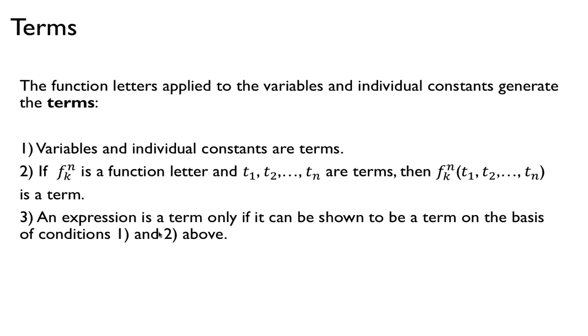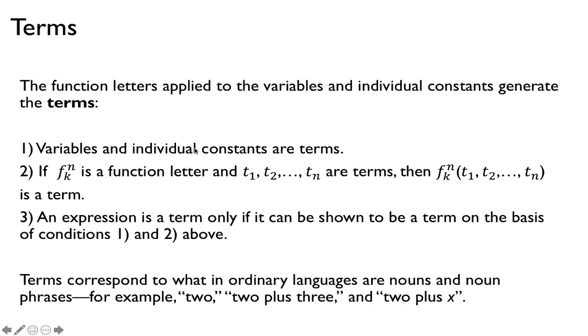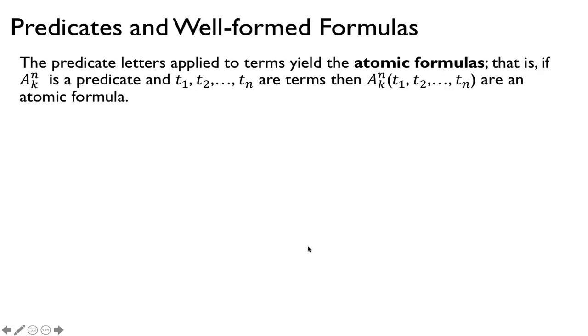An expression is a term if it's formed by one of these rules, or by combining or composing them. Terms correspond to nouns or noun phrases. For example, 2 plus 3, 2 plus x, or Mike, John. Those would be the terms of the language.